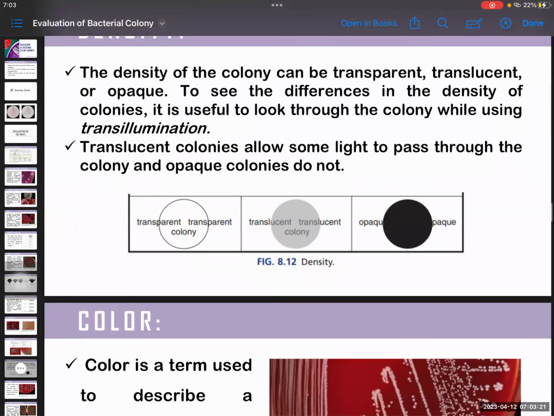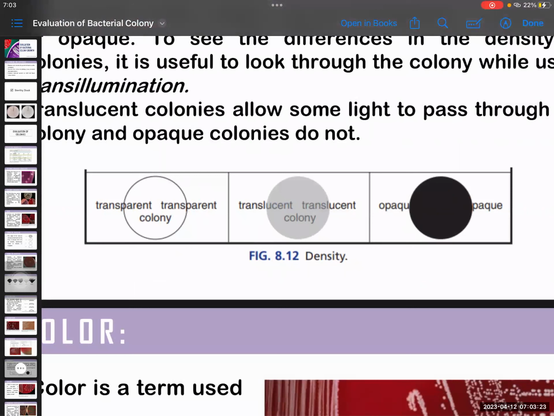So again, kapag wala kang makita or very vivid yung color or very complete yung color, we refer to this as opaque. Okay? So it completely blocks off light. Translucent, and then we have transparent. Translucent, medyo may opaqueness ng konti, but it still allows the passing of light, therefore translucent na itsura.